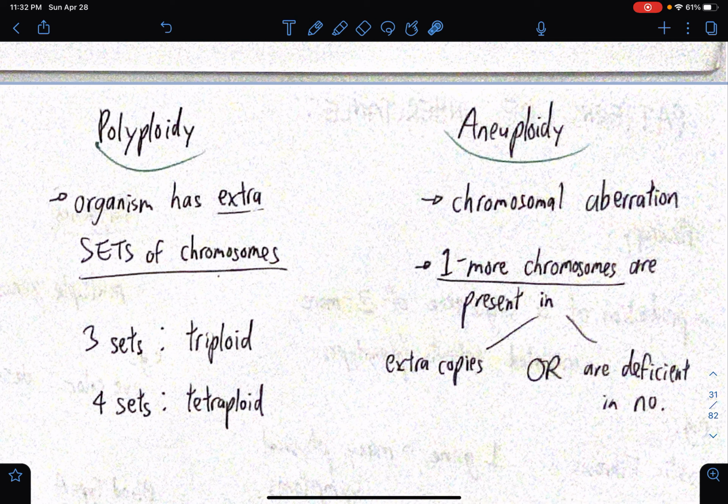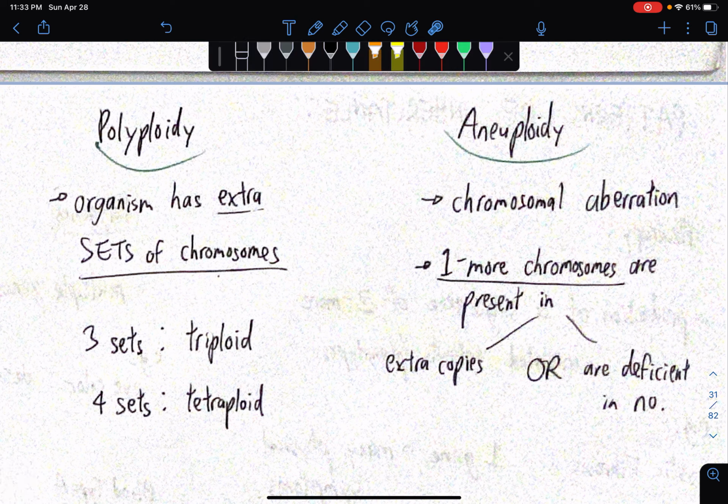polyploidy. If there are three sets of chromosomes, then it's a triploid. If there are four sets, then it's a tetraploid. But essentially, when we say poly, it can be more than one set or two.